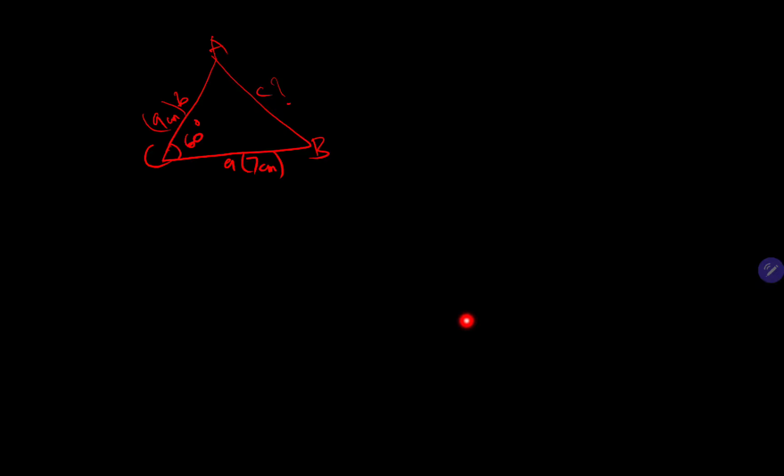So what we should use here is the cosine rule, which says that c squared is equal to a squared plus b squared minus 2ab cos C, because we're looking for the side opposite angle C.